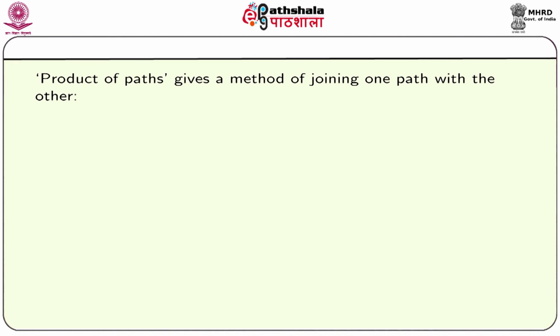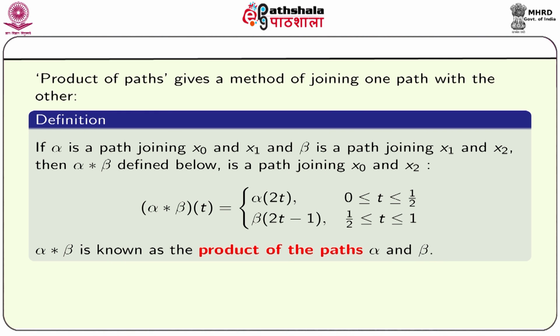Now, product of paths gives a method of joining one path with the other. We define the product this way: suppose alpha is a path joining x0 and x1 and beta is another path joining x1 and x2. Then alpha star beta defined below is a path joining x0 and x2, given by (alpha star beta)(t) equal to alpha(2t) when t is between 0 and half, and beta(2t minus 1) when t is between half and 1.